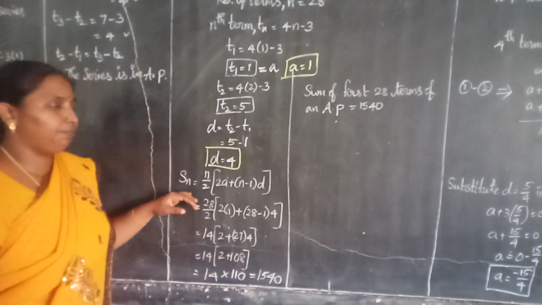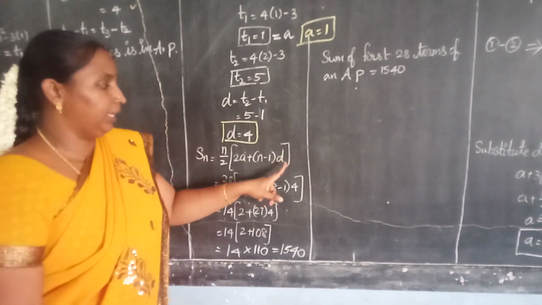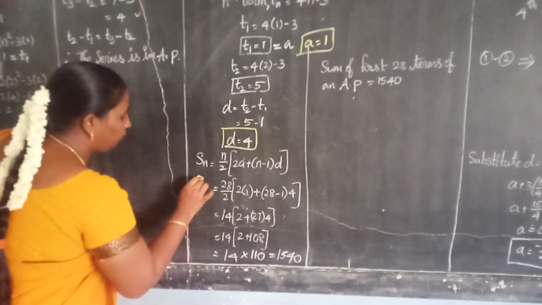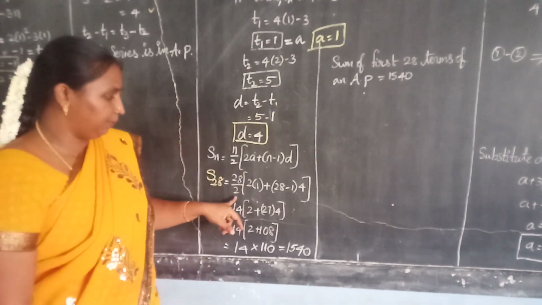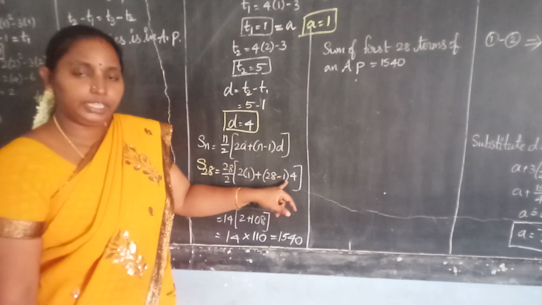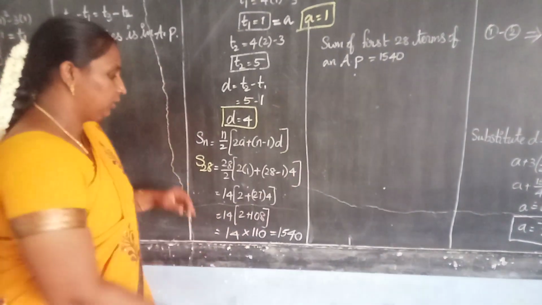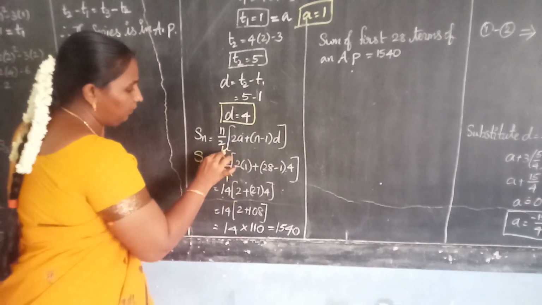Okay. So next you can find Sn. Sn equal to n by 2 into 2a plus n minus 1 into d. They asked to find S28. So S28 equal to 28 by 2 into, a value is 1, 2 into 1 plus 28 minus 1, d is 4. So 28 minus 1 will get 27. Here cancel this: 2 1s are 2, 14 2s are 28.